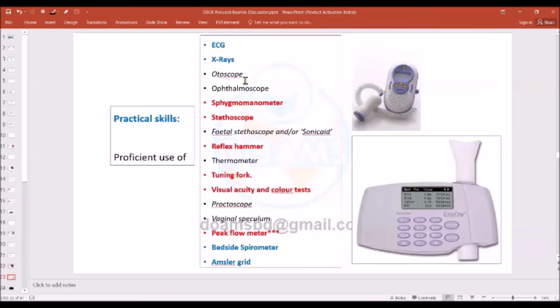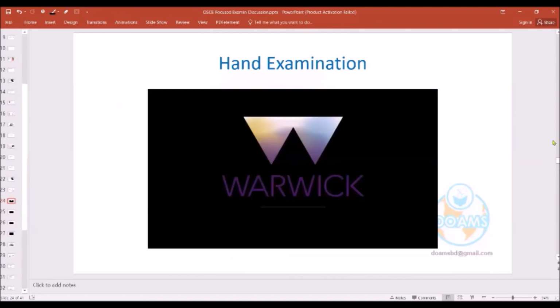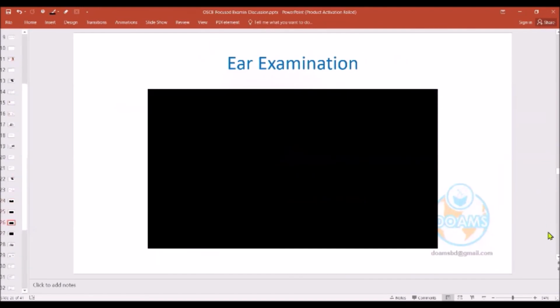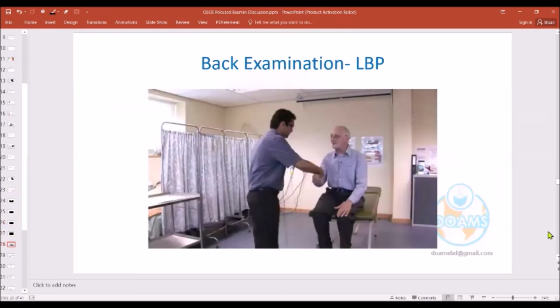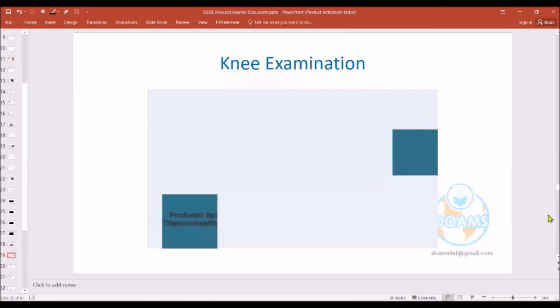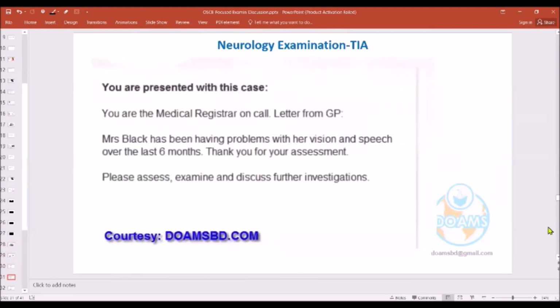In this way, another message is the utilization of these instruments, which you need to practice or need to know. And other examinations, doctor: hand examination, cranial nerve examination, ear examination, nose examination, back examination for the low back pain, knee examination, fundoscopy.